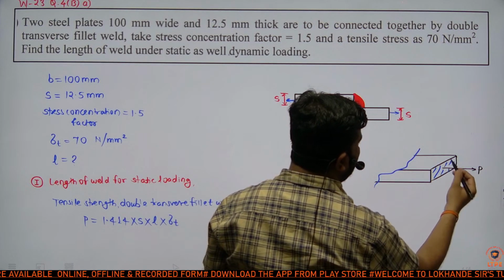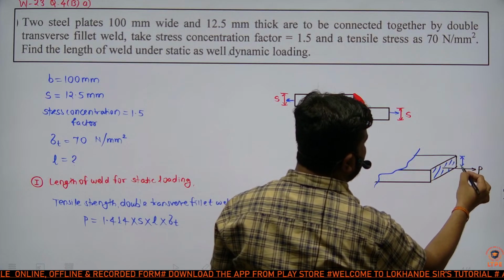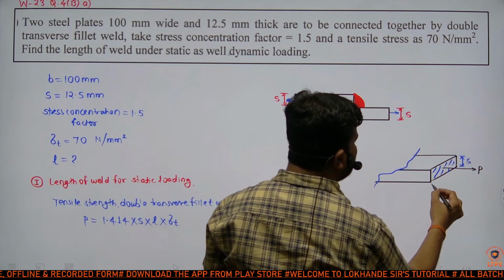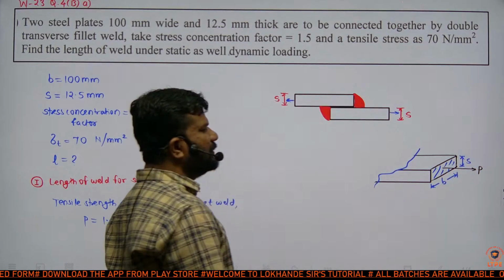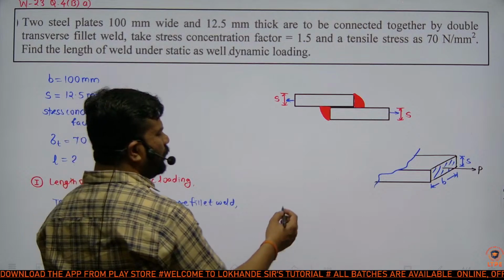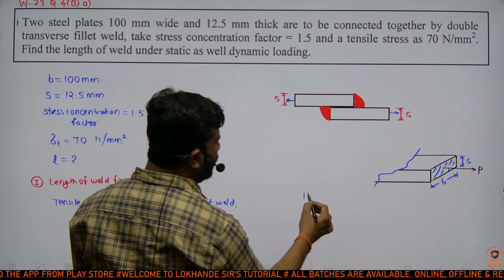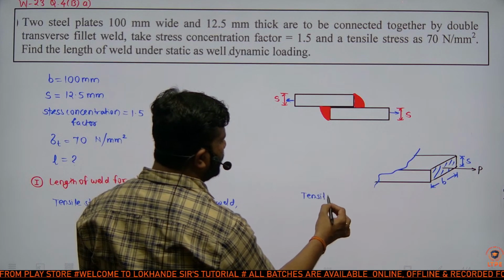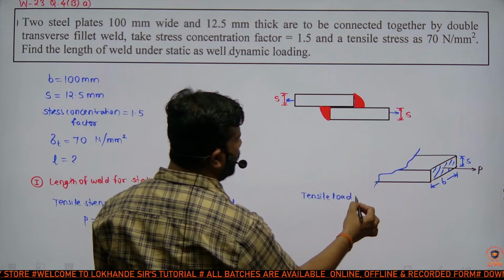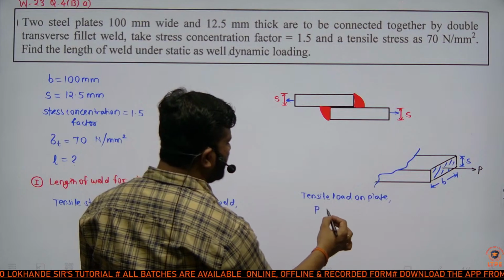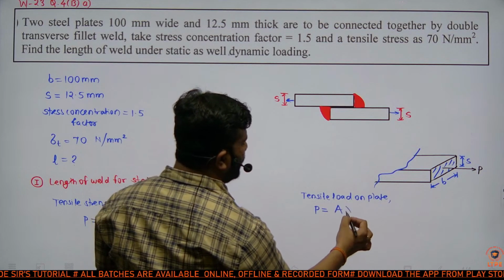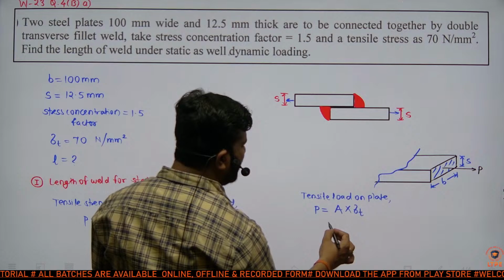Tensile area into tensile stress. The tensile area of the plate is thickness S times width B. Tensile load on solid plate, P, is equal to area in tension into tensile stress.